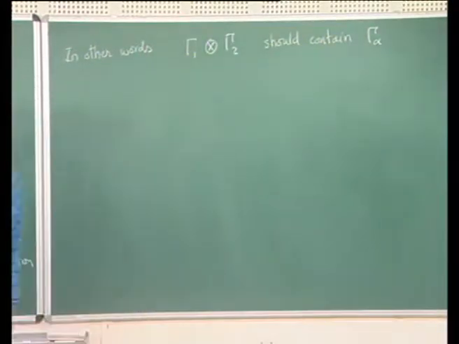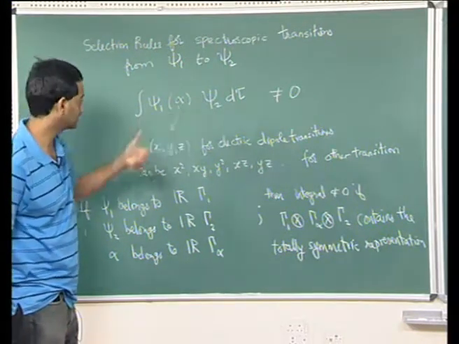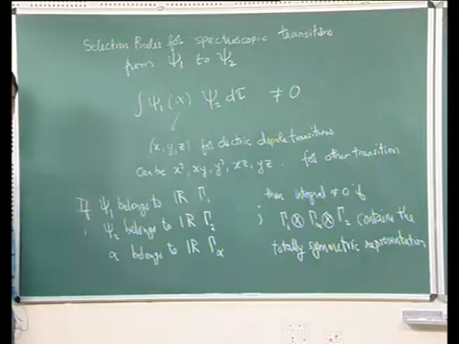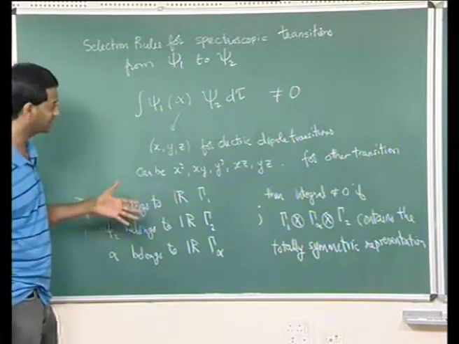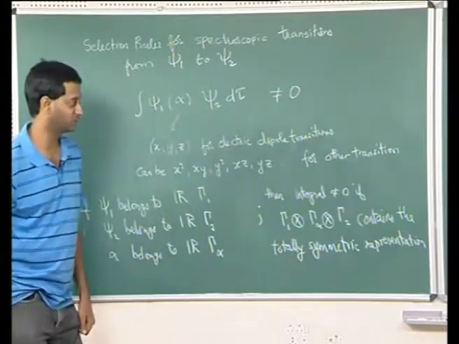So the direct product representation of 1 and 2 should contain the representation of alpha. These are the general rules, and if this is satisfied, then this integral will not be equal to 0 and the spectroscopic transition will be allowed.